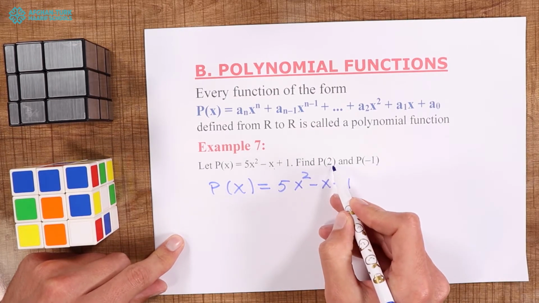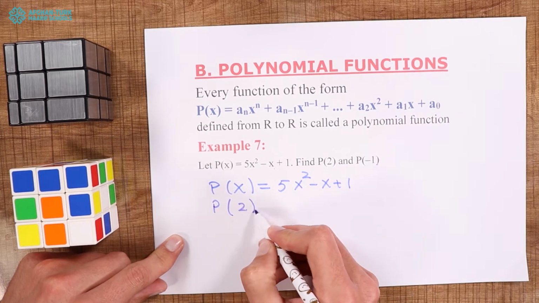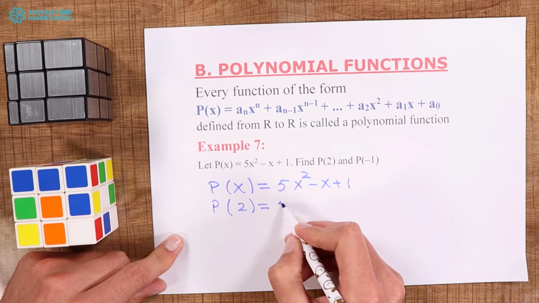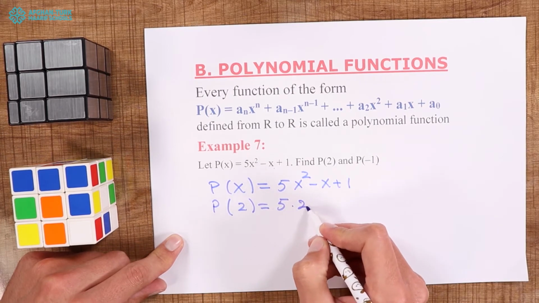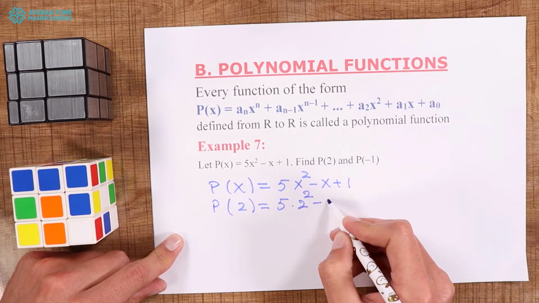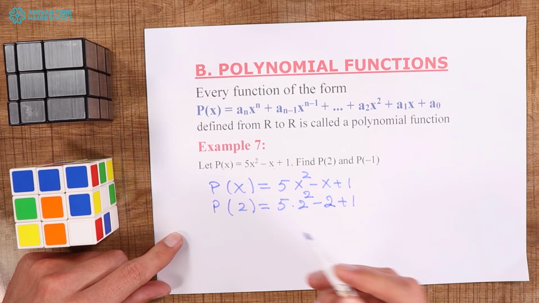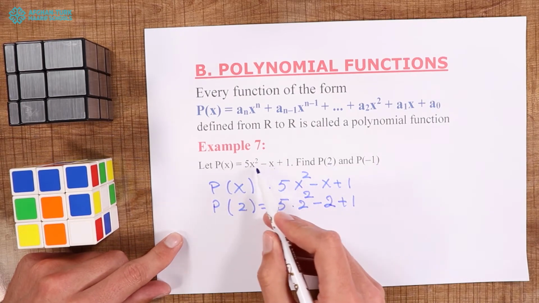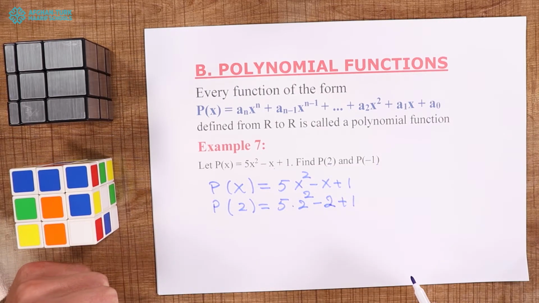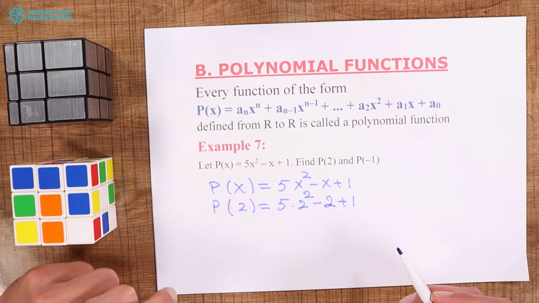For p(2), you must just substitute 2 instead of x in the polynomial: 5 times 2 to the power of 2, minus 2, plus 1. After that, by BODMAS rule you can do the addition, subtraction, multiplication and division.